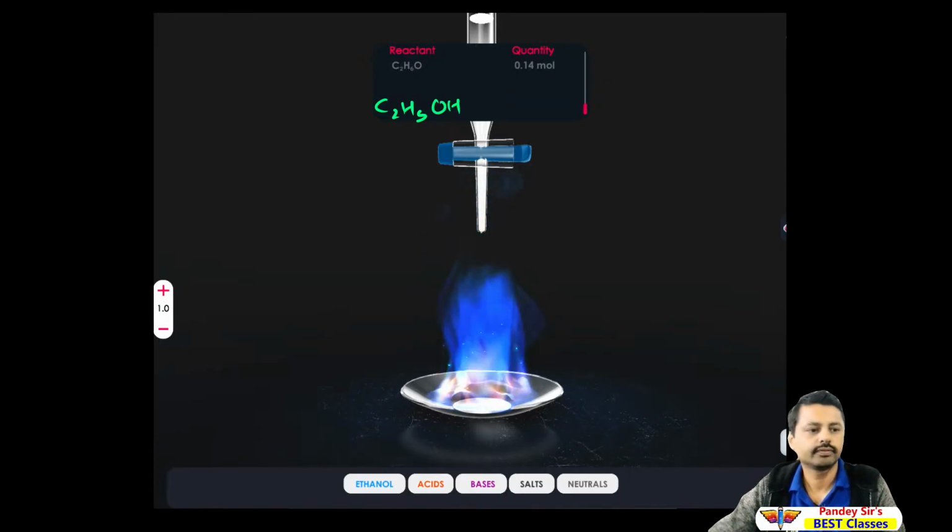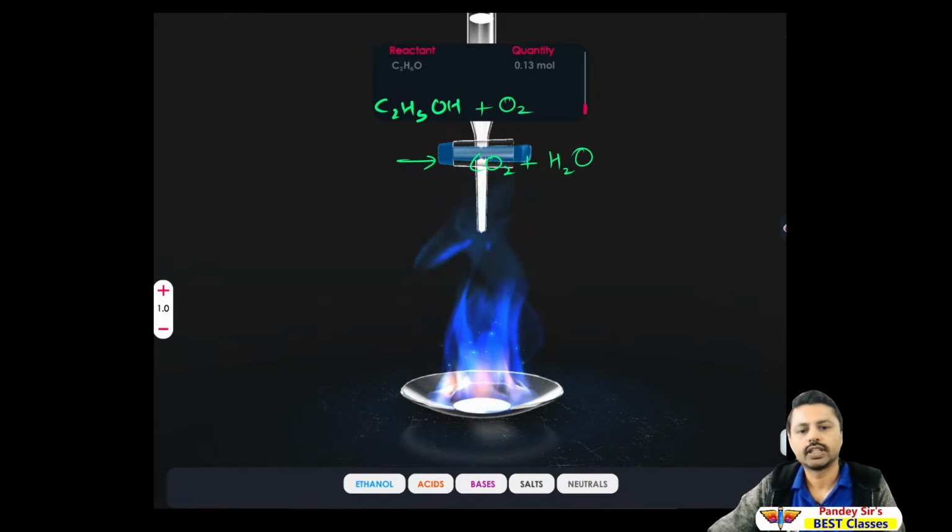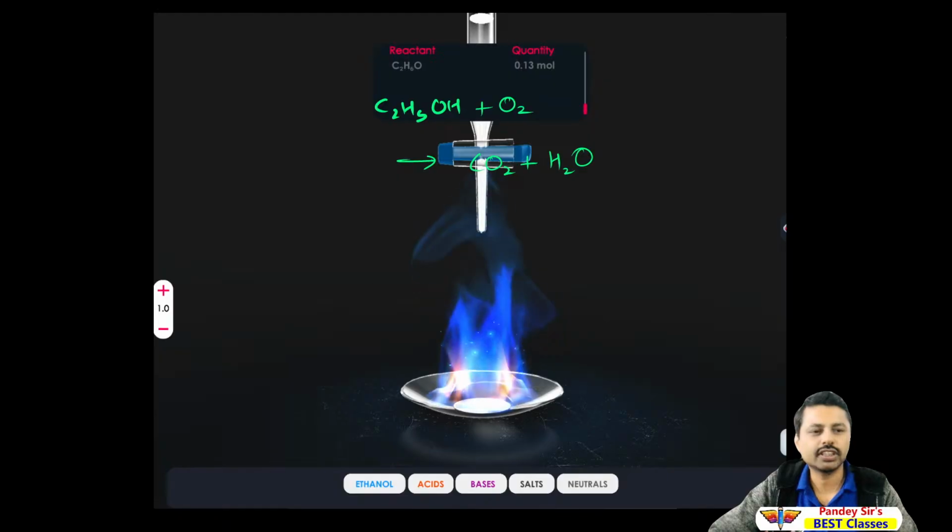C2H5OH plus O2, it will give you CO2 plus H2O. And the nice blue flame, actually it is an almost invisible flame. But I'm not going to finish it over here. I'll add some more interesting things.